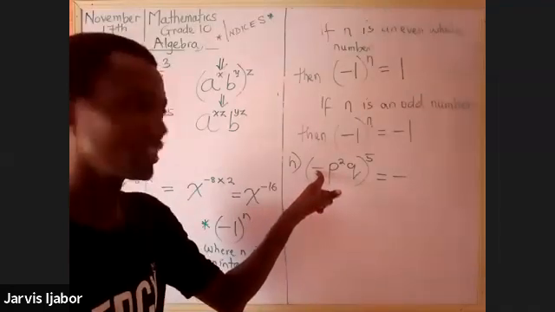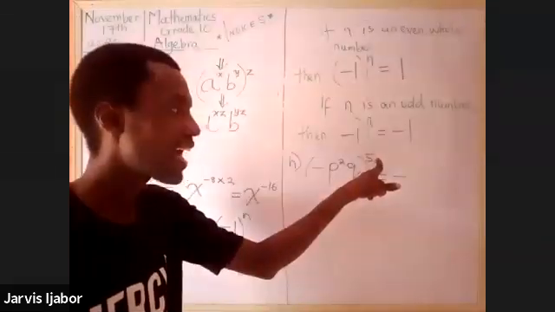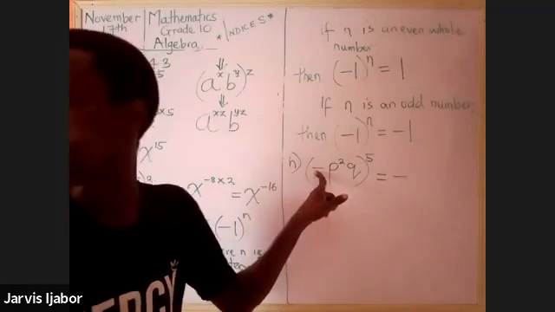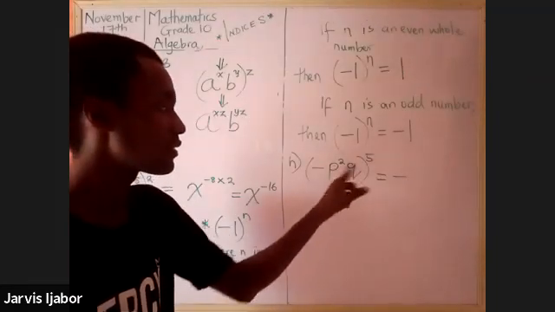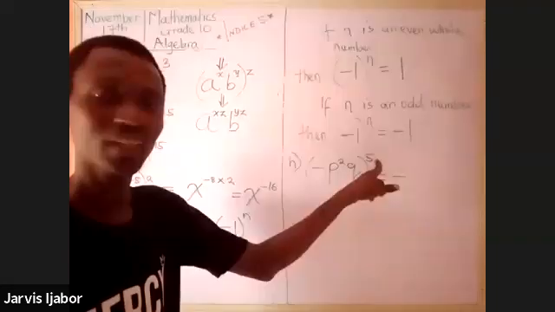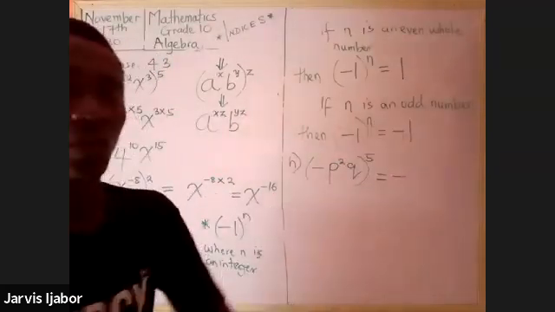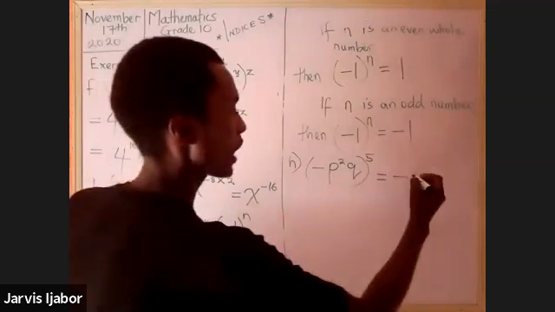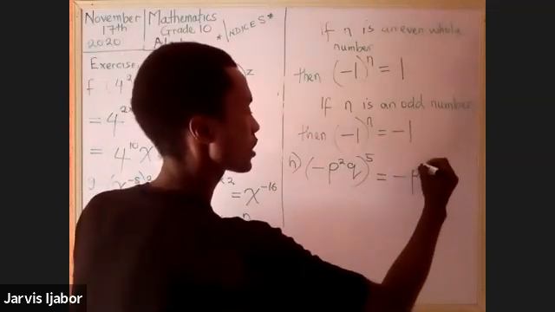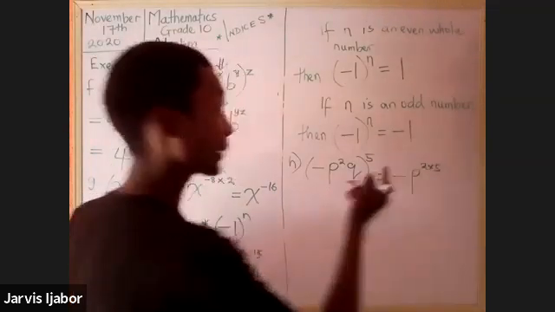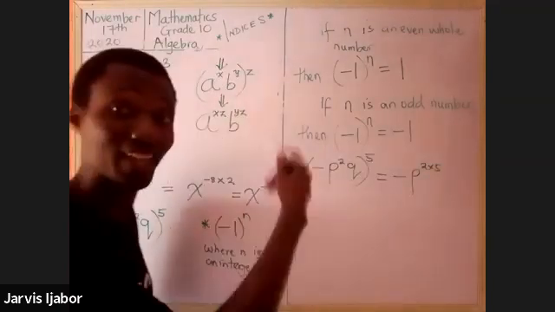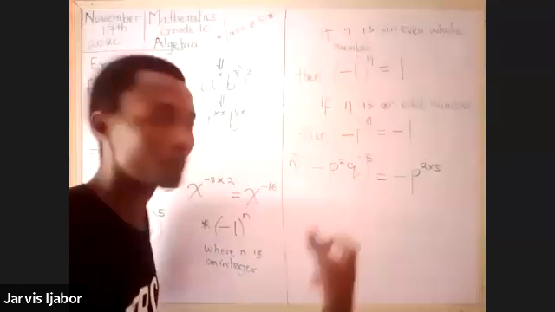Because this is odd, this will be negative. See what I've said? -1 all raised to the power of 5 will give me that. So this will now be negative p raised to the power of 2 times 5, applying the previous law you have learned. So you see now that you're applying multiple principles.